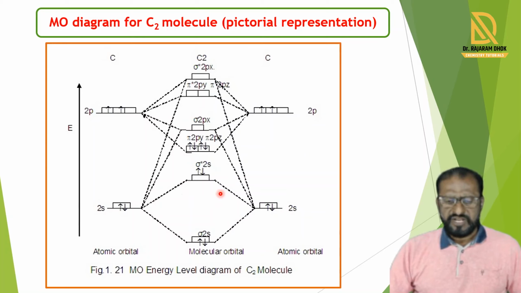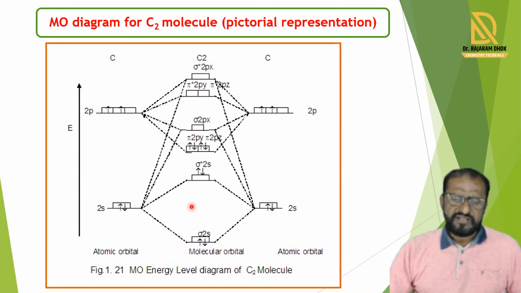So this antibonding molecular orbital has higher energy than the original atomic orbital energy. And this orbital is named sigma star 2s. So in this way, by combination of 2s and 2s, sigma 2s and sigma star 2s are obtained.